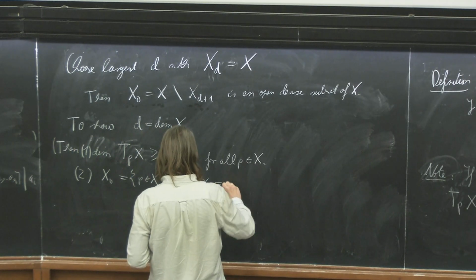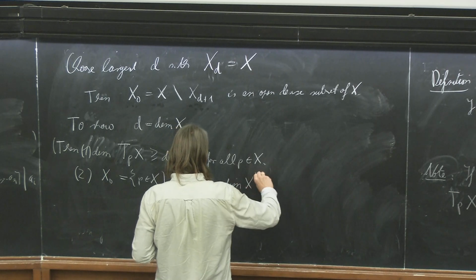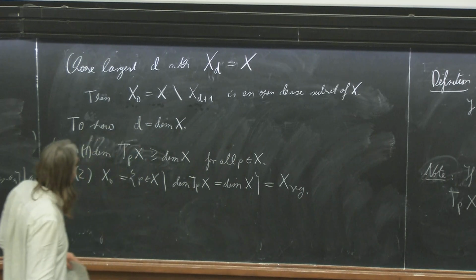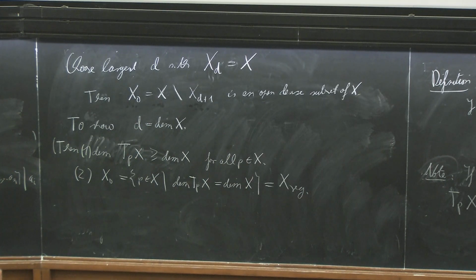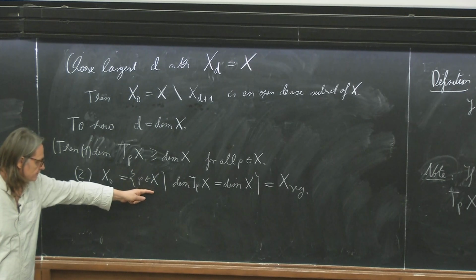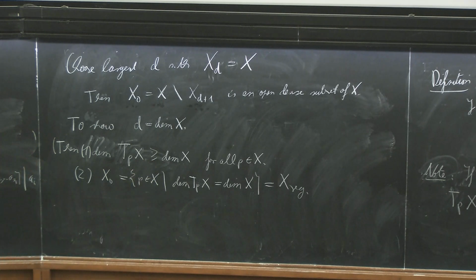But this is equal to the dimension of X. So this is X_reg. And so we would have shown that both statements hold: the dimension of the tangent space is always bigger or equal to the dimension of X, and the set of regular points is open and dense.